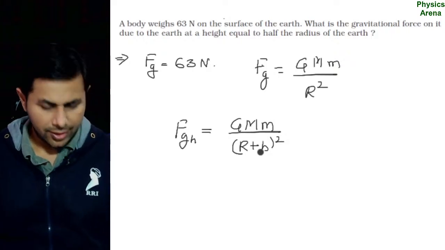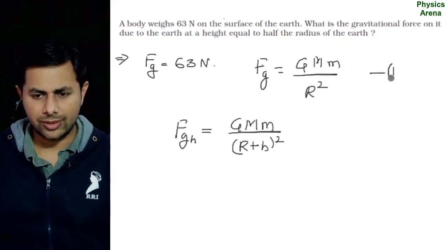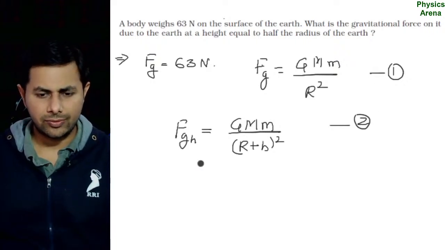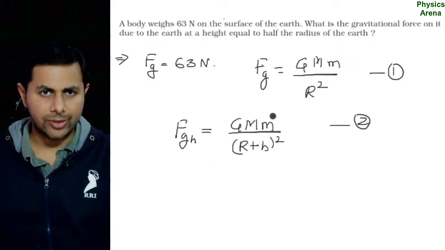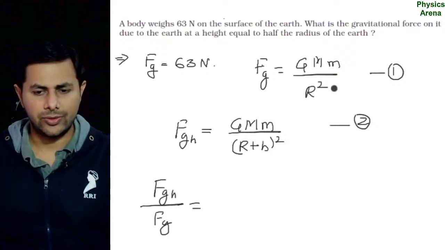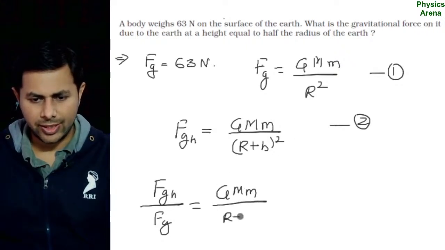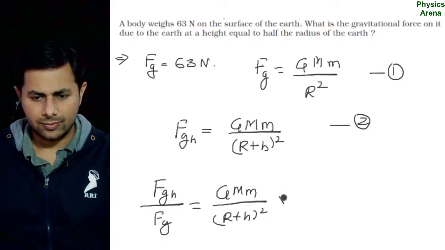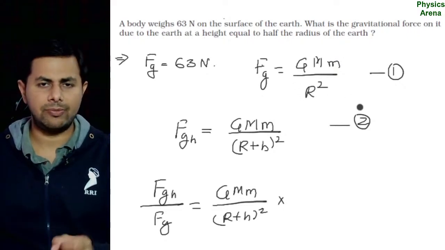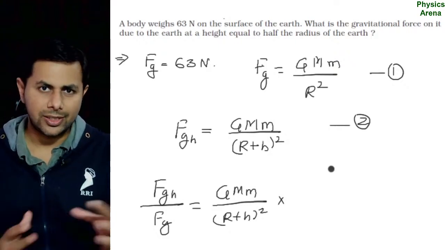All right, so then what we can do is we can divide this first equation by second equation, and if we divide, what do we get? I will divide second by first one, so F suffix gh divided by F suffix g is equal to what? GMm over (r plus h) squared, and dividing by this GMm over r squared is multiplied by its reciprocal, so I will multiply by its reciprocal.